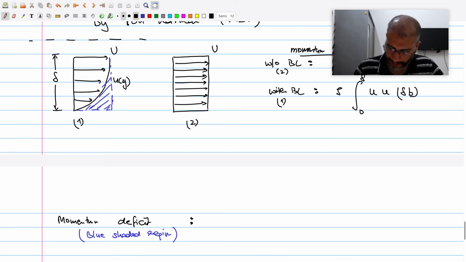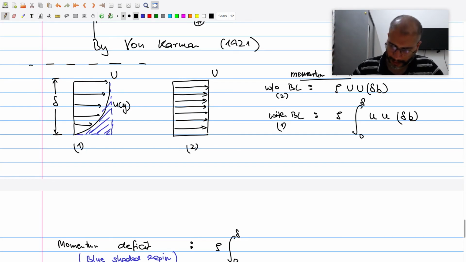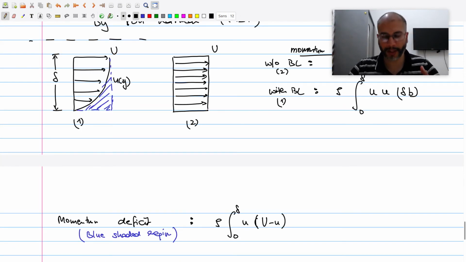So this deficit is equal to the integral 0 to delta, and now this time the deficit is capital U minus u. So that is a deficit in momentum, and that is transported still by the flow u.